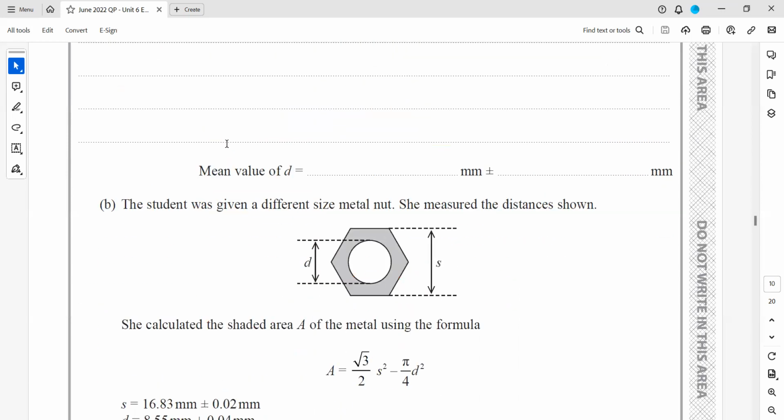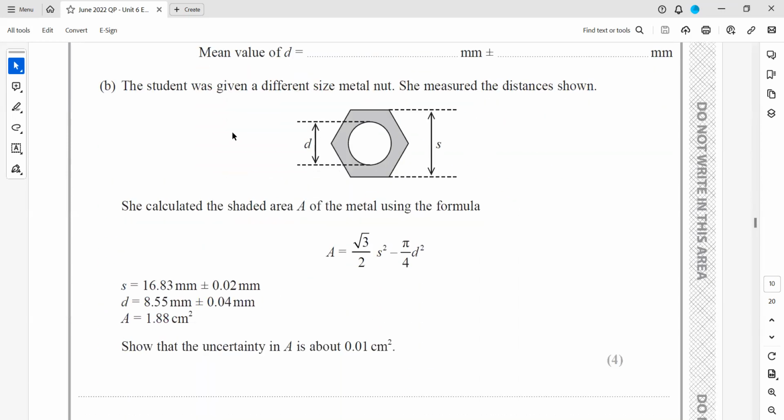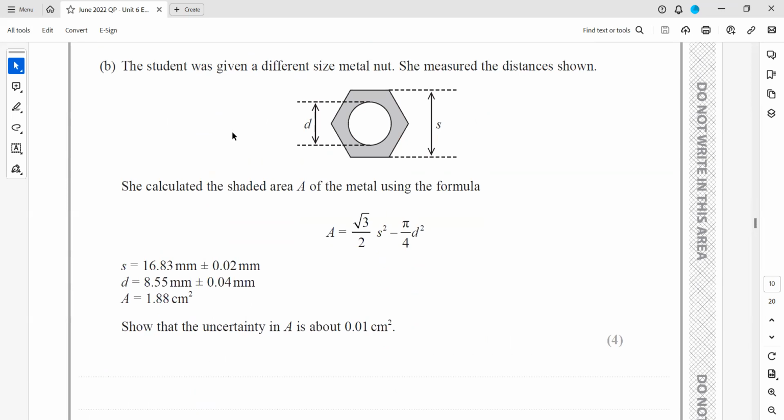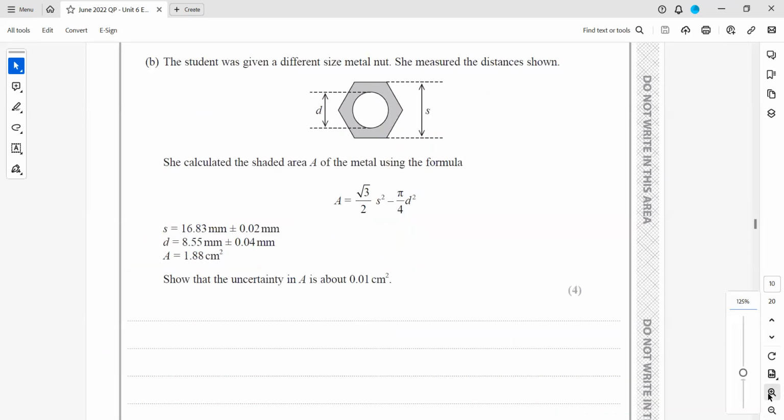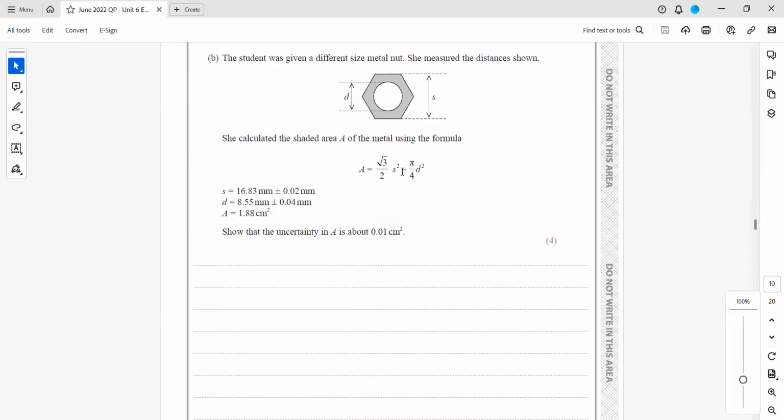The student was given a different size metal nut. She measured the distance and showed that the uncertainty in A is about 0.01 centimeter square. So we have this formula. Look, whenever values, like you can see how A is calculated.